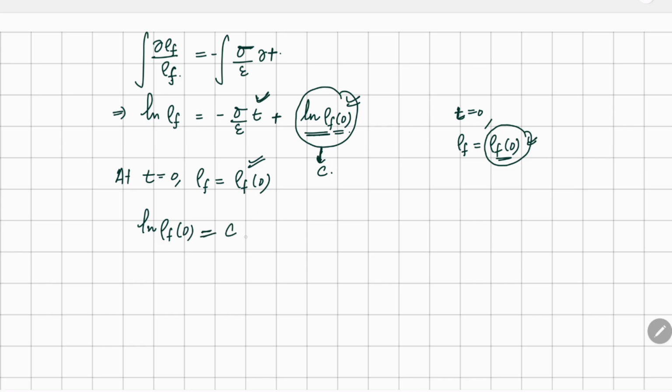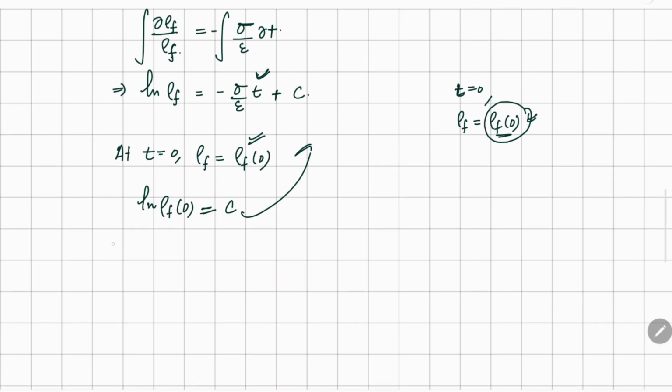Otherwise you can write here c; there is no problem in writing an integration constant. So let's put it back: ln of rho_f equals minus sigma by epsilon t plus ln of rho_f0.